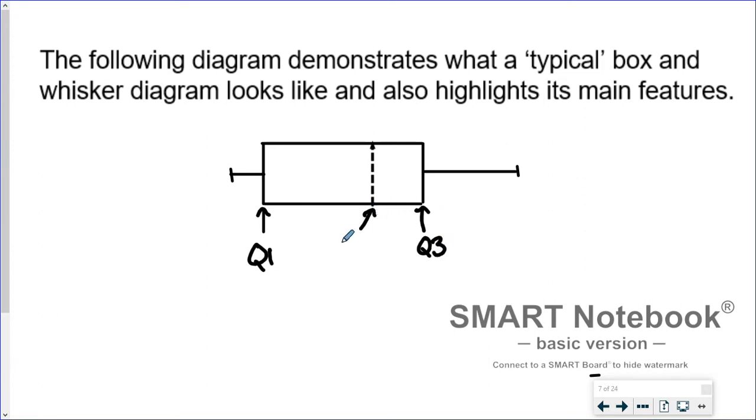This dotted line in here would be your median, right? And it doesn't have to be right in the middle. It can, depending on what your data is, be skewed one way or the other. All right, this little piece over here would be your minimum value, so the lowest value of all of your data. And over here, this would be your maximum value of all of your data.